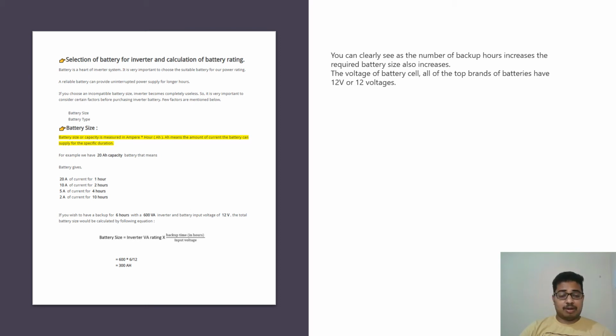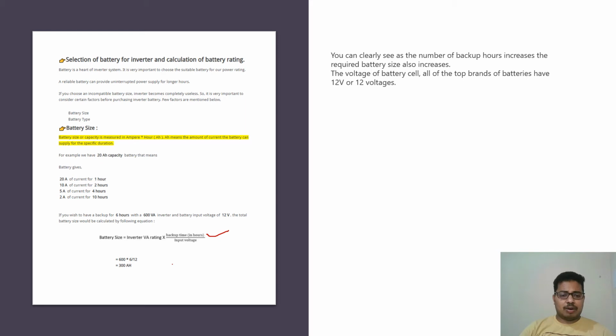So generally you can clearly see, as the number of backup hours increases, your battery capacity will increase. Here you can see this value. Backup time, say if you need 10-hour backup, means your battery size will increase. If less time, battery size will reduce.